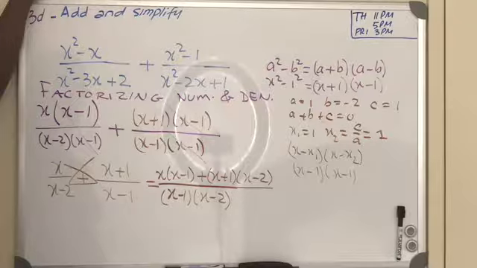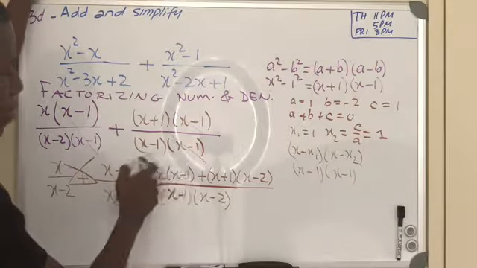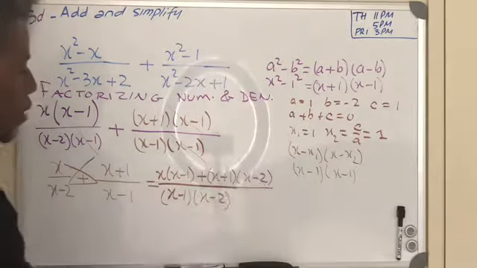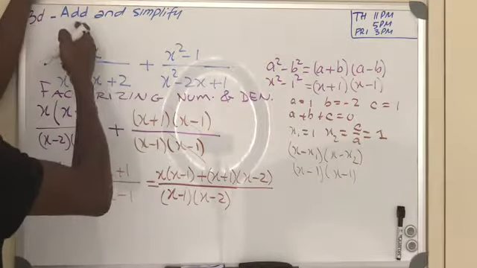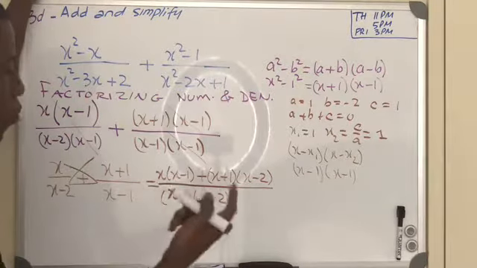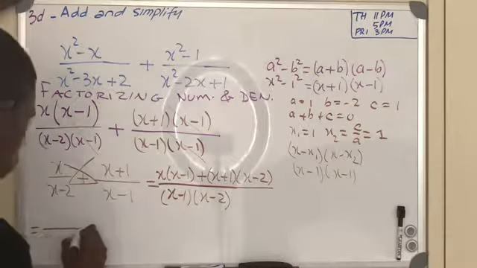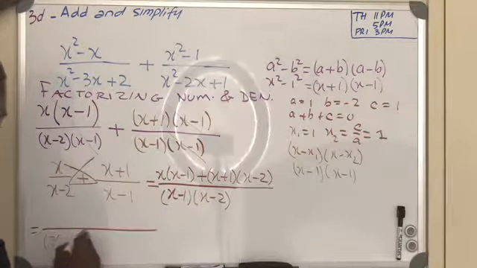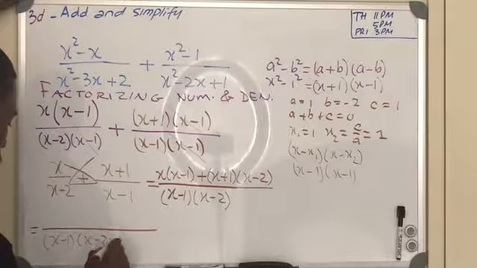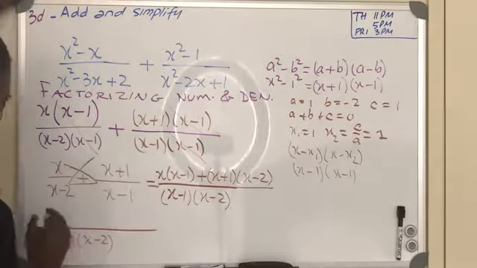Okay, so what do I do from here? I'm just going to multiply these terms to see if I can combine like terms and make it simpler. I've already done the addition. Now I'm going to see if I can simplify a little more. So equal to, I keep my denominator, x minus 1 times x minus 2. Now, x times x is x squared.